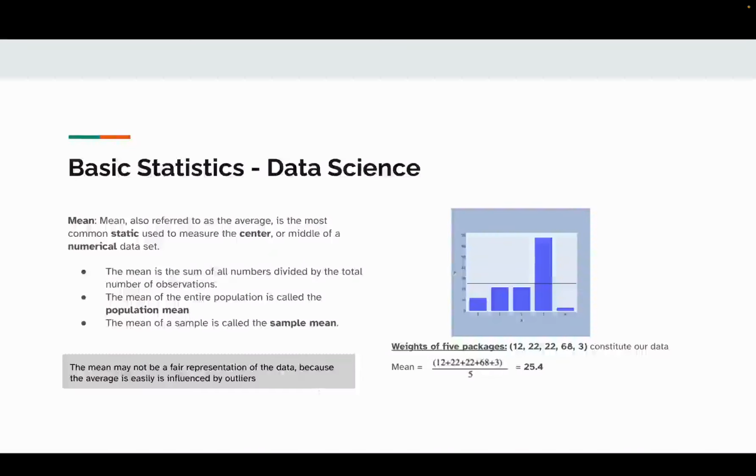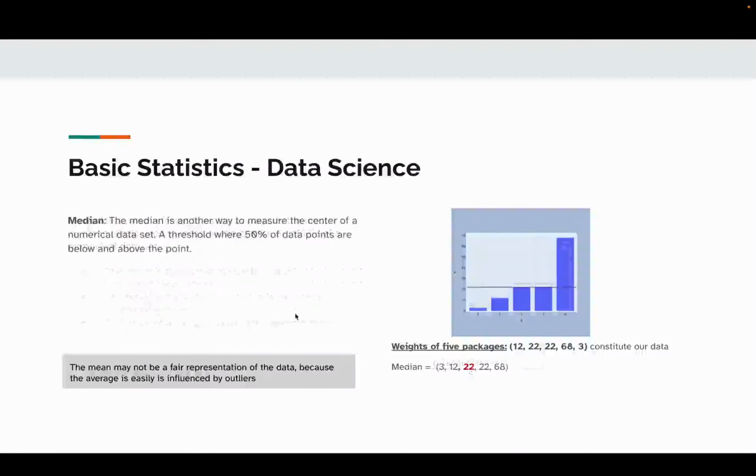We have to keep in mind that the mean is sometimes not a fair representation of the data, because the average is easily influenced by outliers. We'll learn that. The other one is the median. You can sort these values in ascending order.